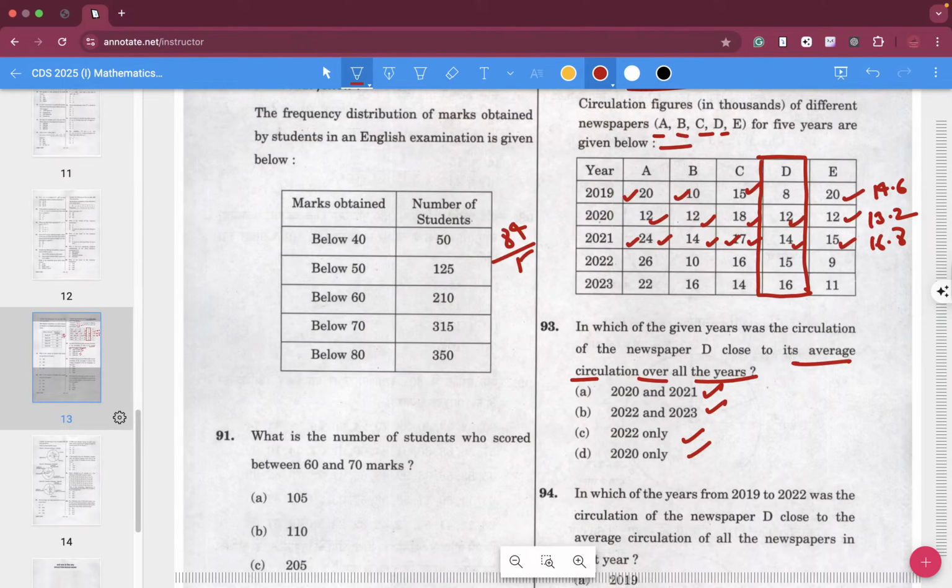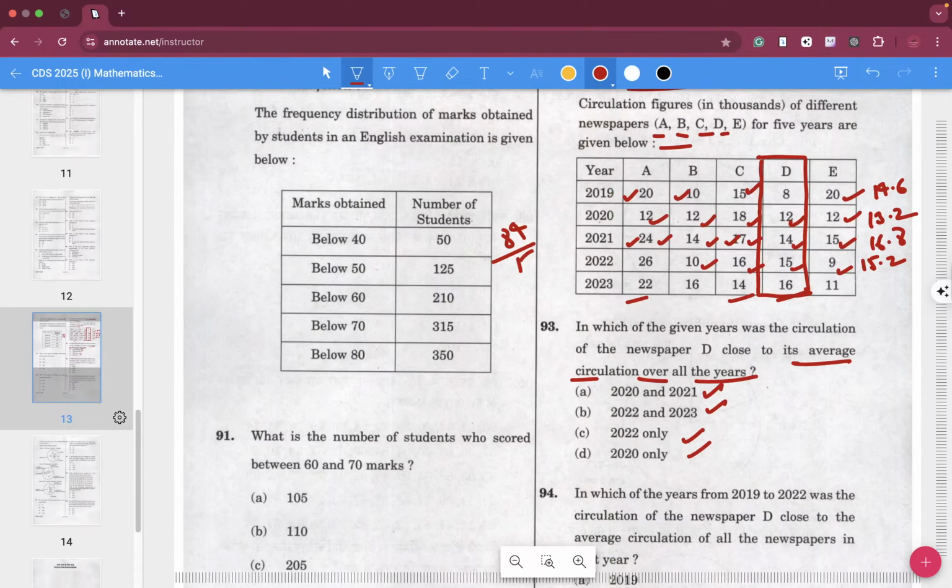And now this particular value over here: 9 plus 16 is 25, plus 15 is 40, plus 10 is 50, 76. The average is 76 by 5, which is 15.2. And then over here, what is the average? 16 plus 14. A few questions are data intensive, but the data are really not that huge that it's difficult for you to calculate the values. So 16 plus 14 is 30, 30 plus 22 is 52, 58, 68, 67, 77.